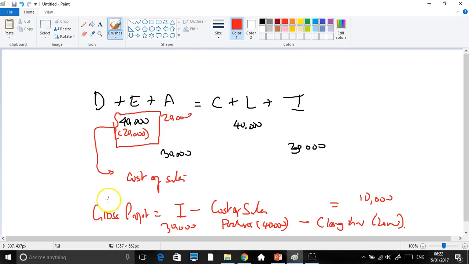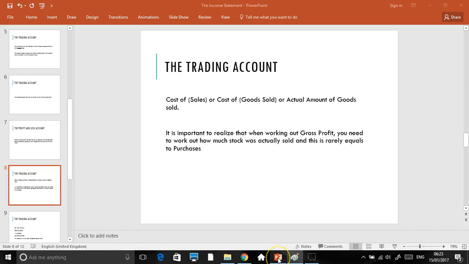And then we would have other expenses, like light and rent. Maybe rent was 5,000, and maybe you paid that out of the bank straight away. So all these are other expenses that will ultimately come off this profit figure as we carry on. Right. So let's quickly finish this slide so we can look at an example.